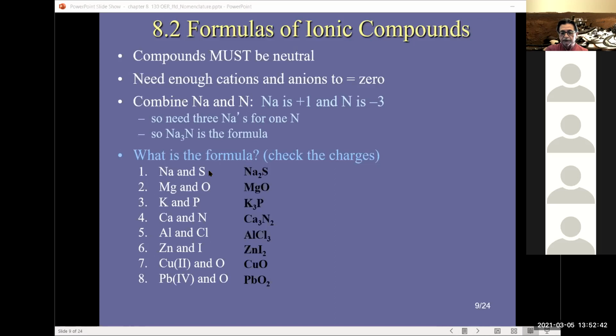We combine sodium sulfide, but you can combine sodium oxide, sodium phosphide, sodium nitride, sodium chloride, sodium iodide, sodium oxide, etc. And so here you got another, I don't know, 64.